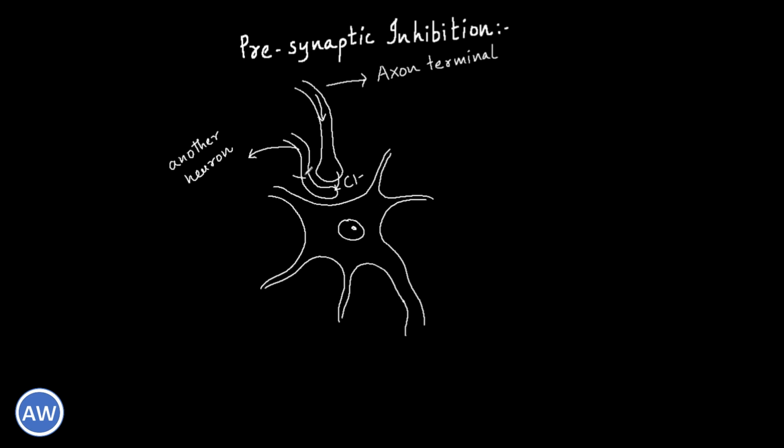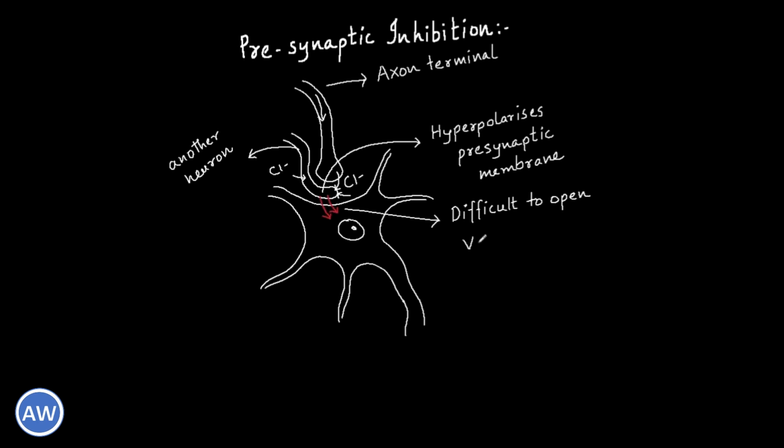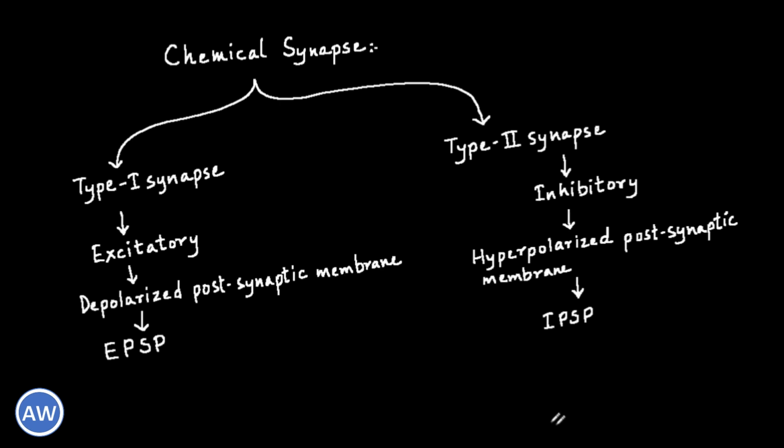The binding of the ligands opens the chloride ion channels, causing an influx of chloride ion into the axon terminal of the second neuron, thus hyperpolarizing its presynaptic membrane and making it much more difficult to open its voltage-gated calcium ion channels. A very similar kind of mechanism of opening chloride ion channels happens in a synaptic inhibition, while an inhibitory postsynaptic potential is initiated in type 2 synapse.